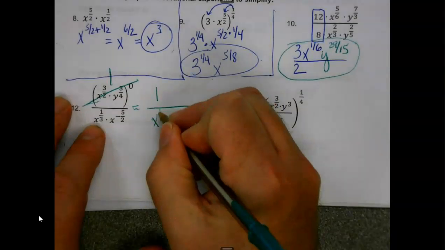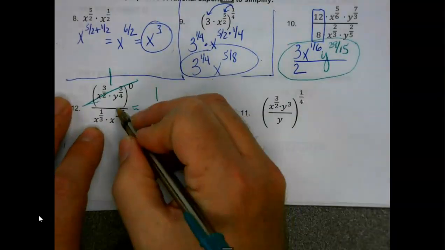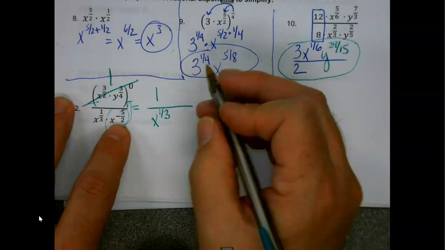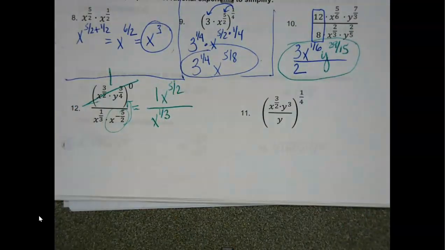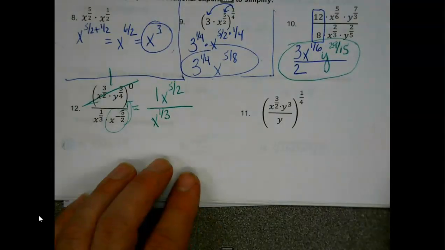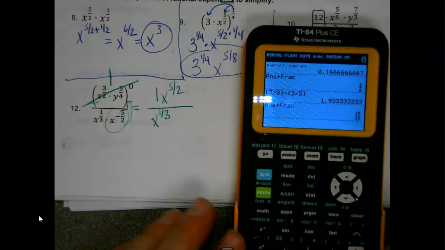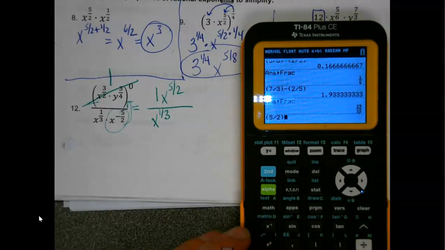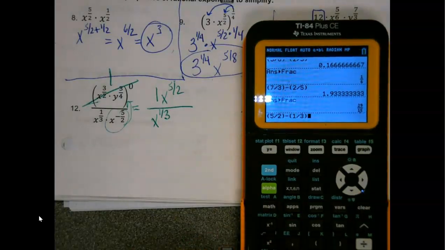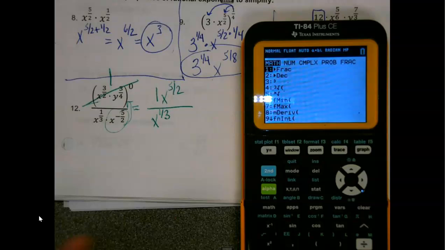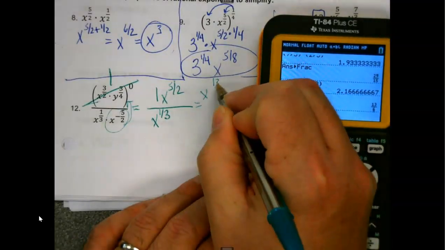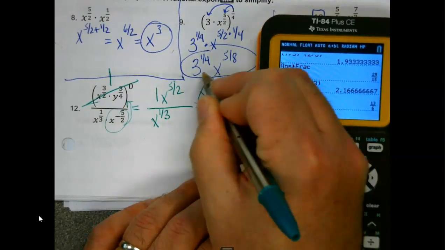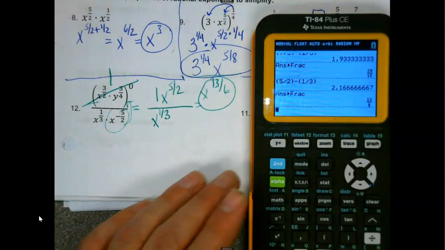I can leave the x to the 1/3 here and then flip my negative exponent. Now I'm not done yet because there's still multiple x terms. So I'm going to subtract these now. So 5/2 minus 1/3. Math, enter. And I end up with x to the 13 over 6. Okay, that's one way to do it.